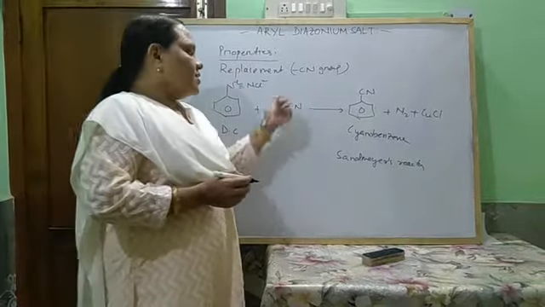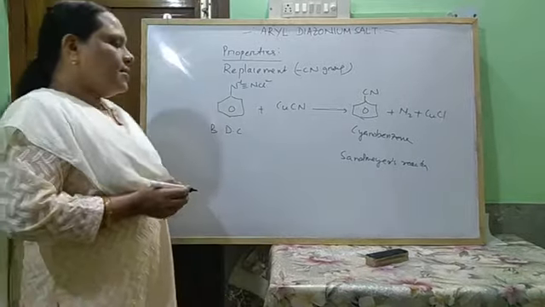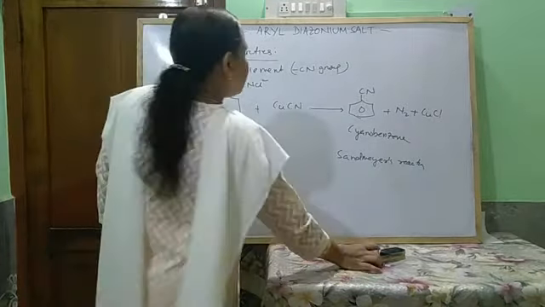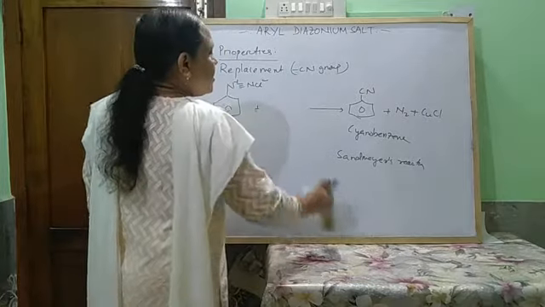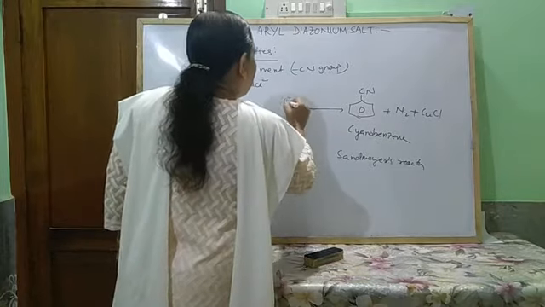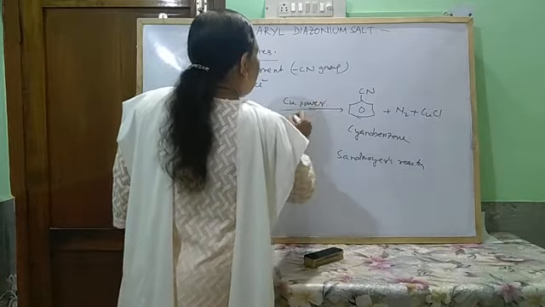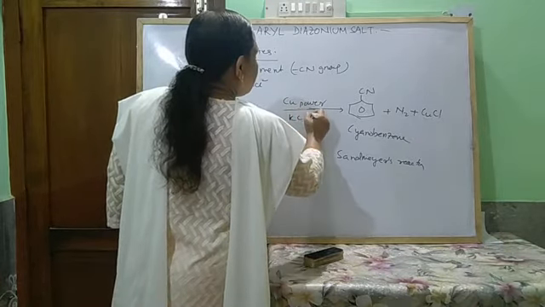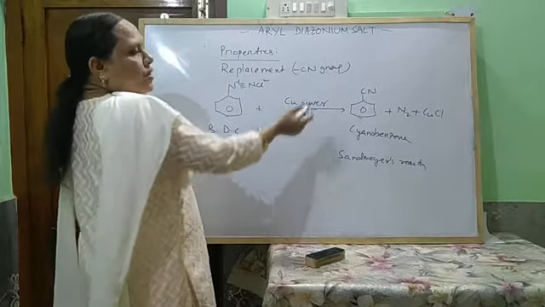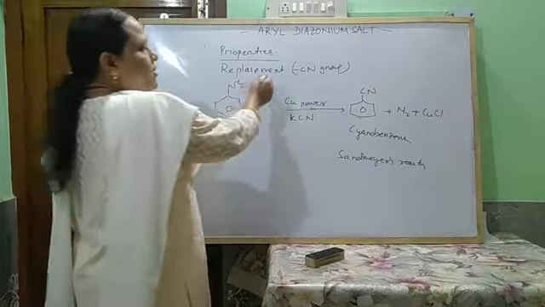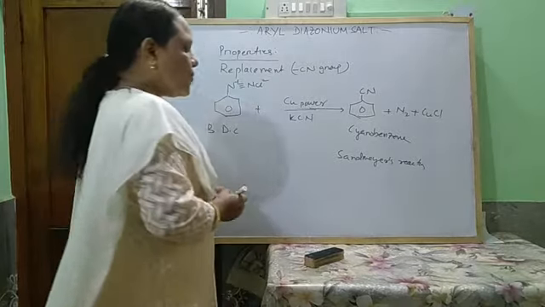Instead of cuprocyanide, if copper powder is taken in the presence of potassium cyanide, then also it forms cyanobenzene. So in this way, replacement by the cyano group.